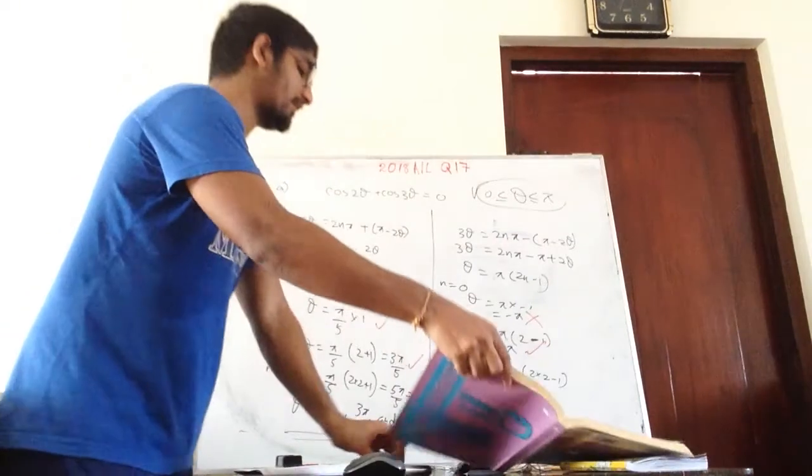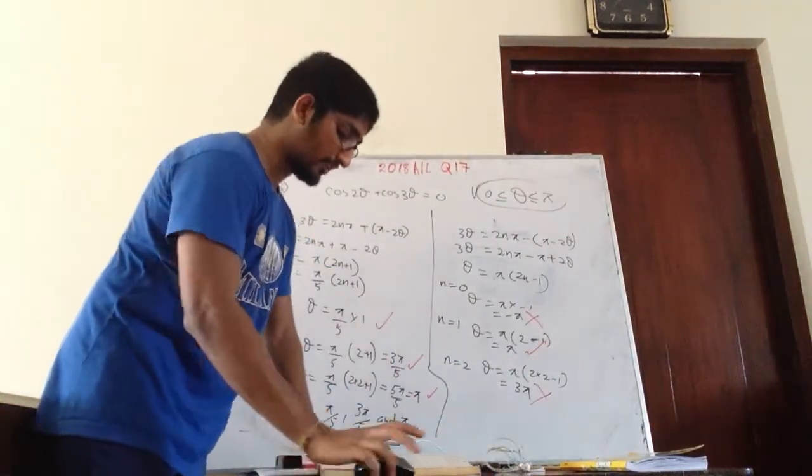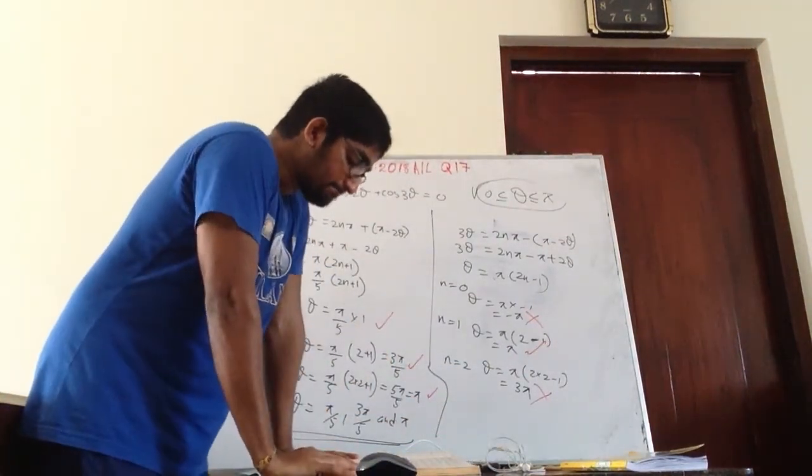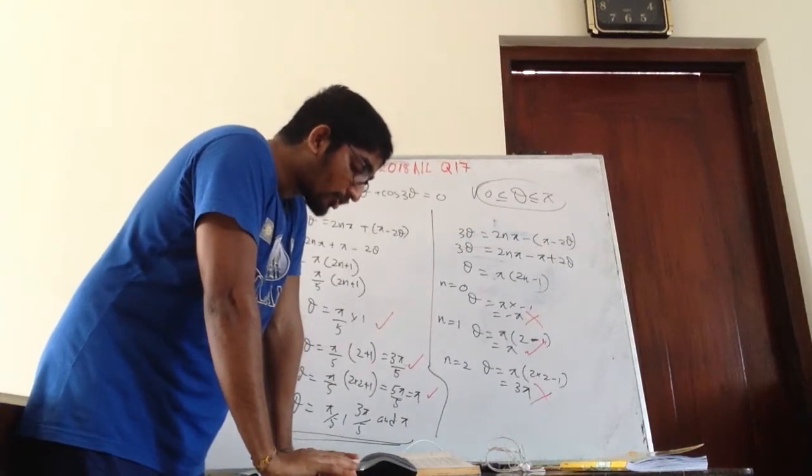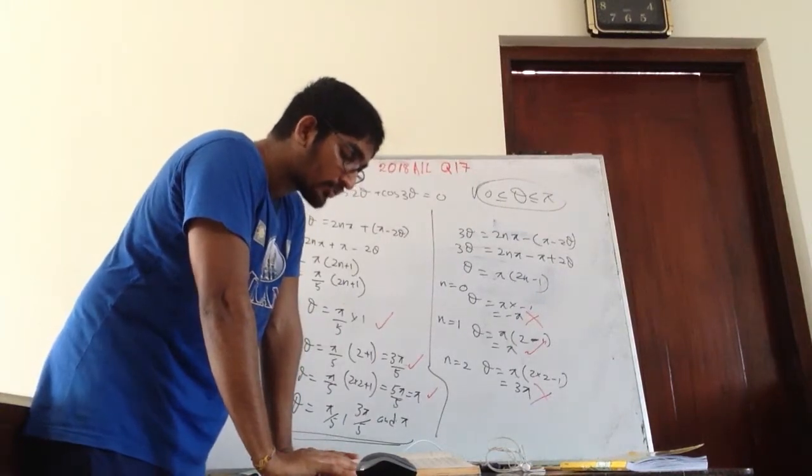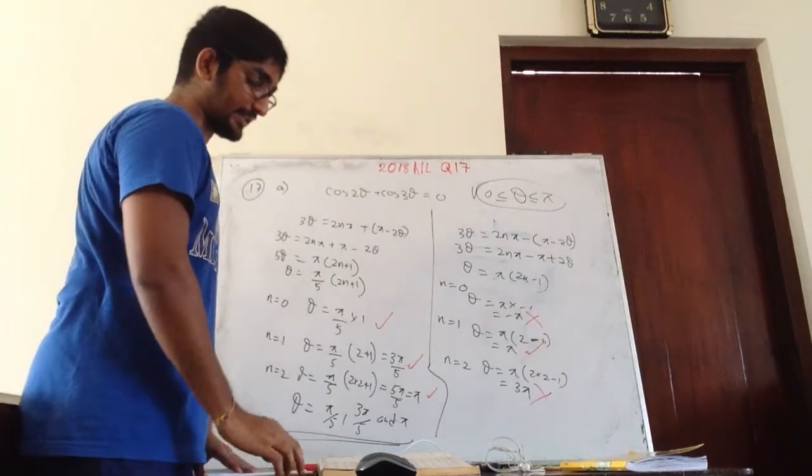Okay. So what are they telling next? So next they are saying write down cos 2 theta and cos 3 theta in terms of cos theta.